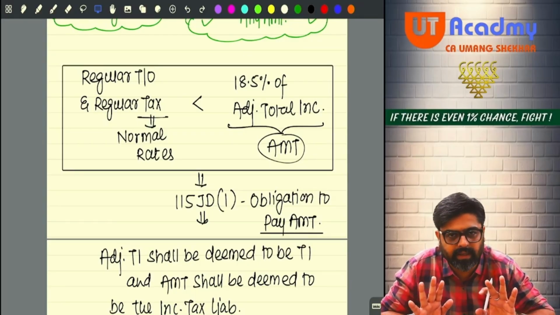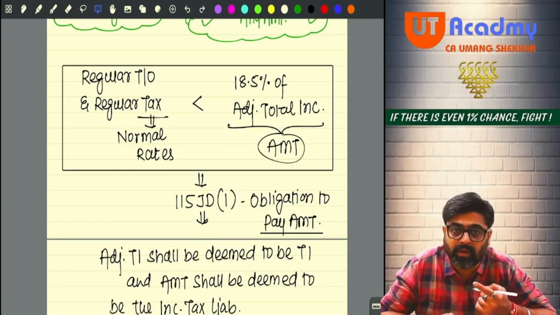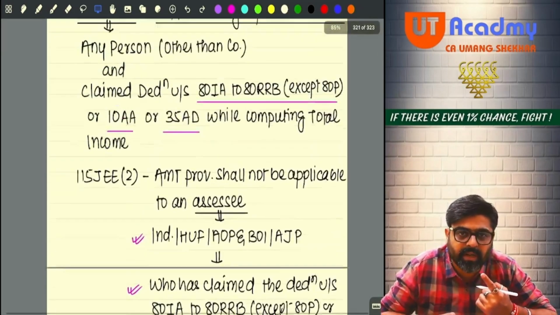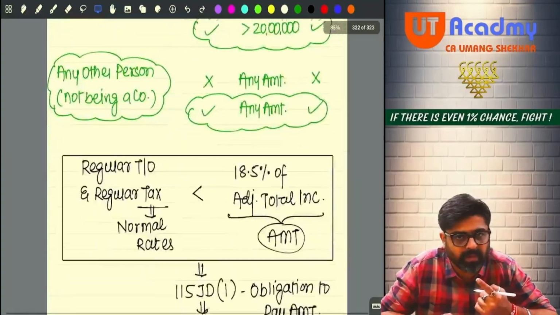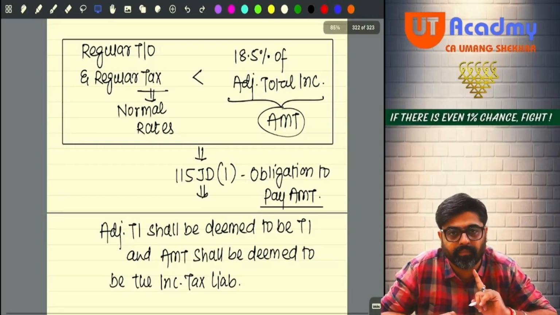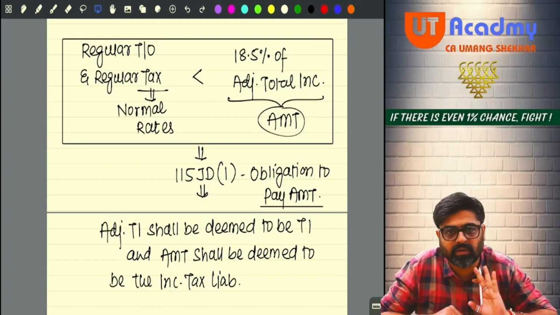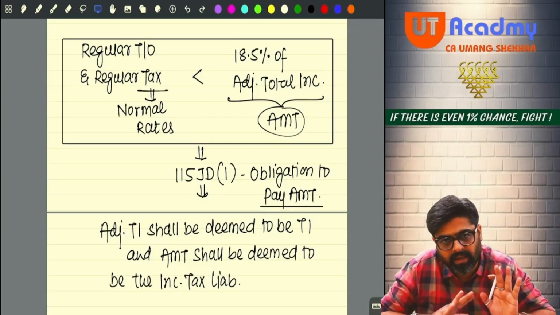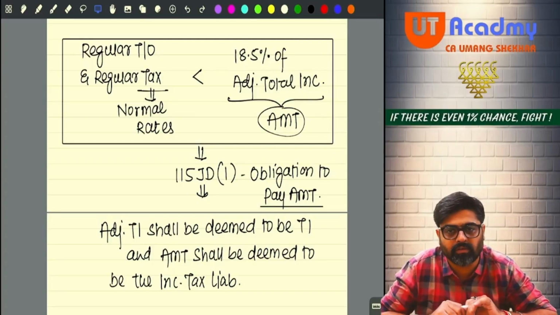So 115JD subsection 1 says that once the AMT provisions are applicable, you have to first check the applicability. Once the AMT provisions are applicable, then you are liable to pay AMT. And AMT will be how much? 18.5% of your adjusted total income, if that AMT amount is more than the tax which you have calculated on a regular basis.